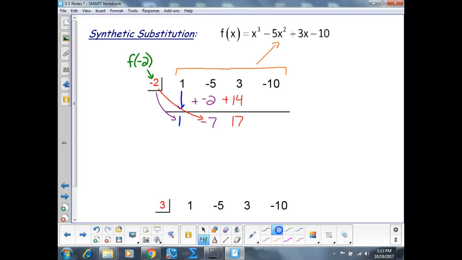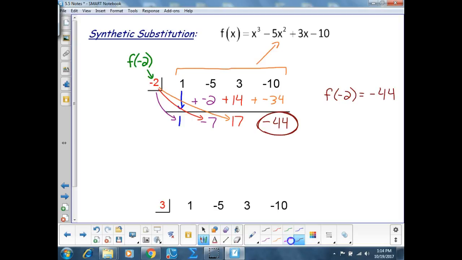Then multiply. Add them together. And this number down here tells me that f of negative 2 is negative 44. It's one of the cool little math tricks that we have. Okay.